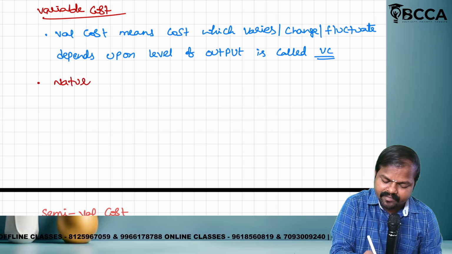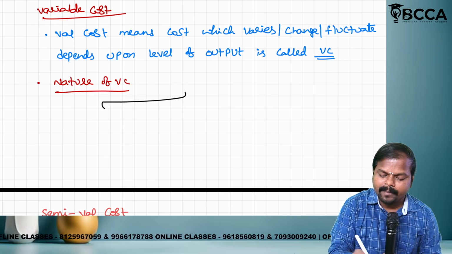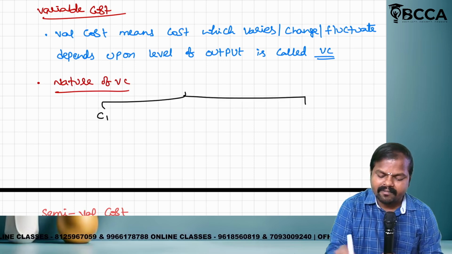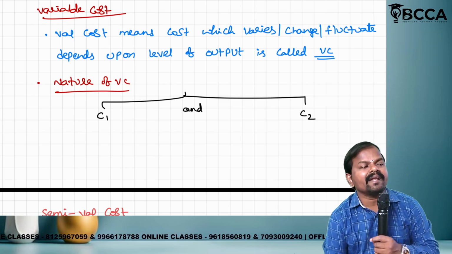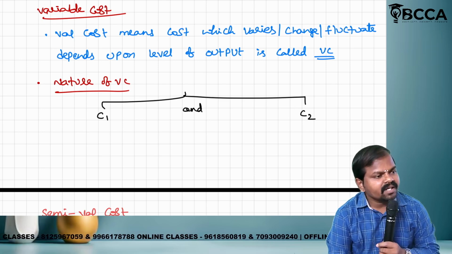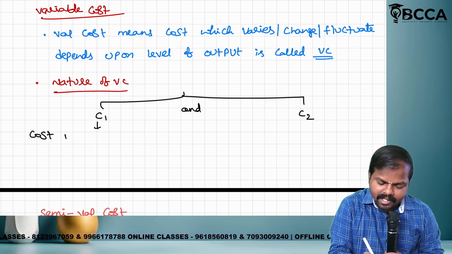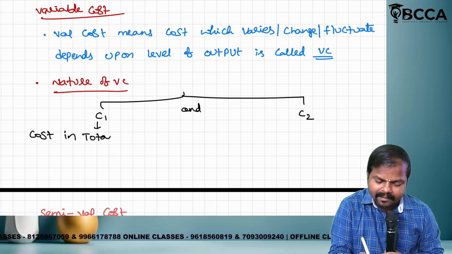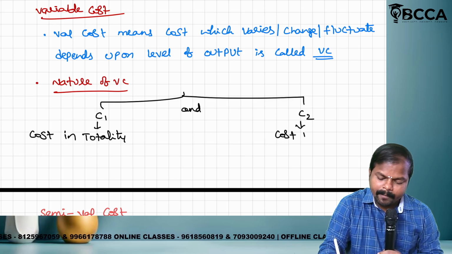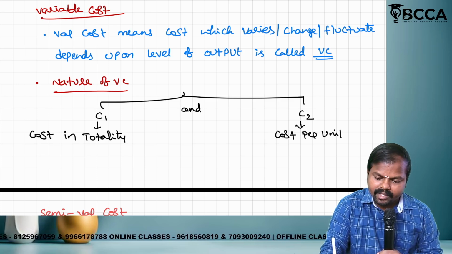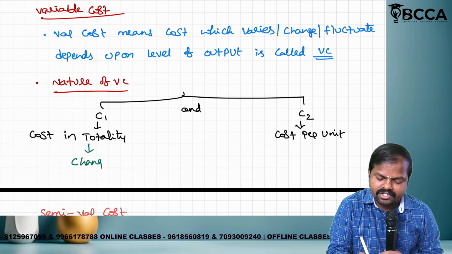Next, nature of variable cost. Condition number 1, condition number 2, both should be satisfied. That is the reason we mentioned 'and'. Condition number 1, cost in totality: change.